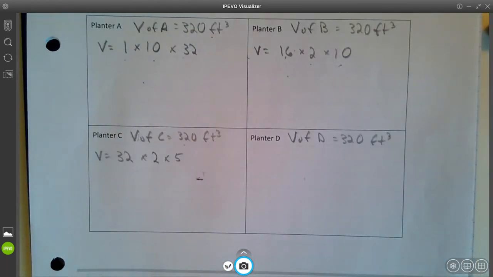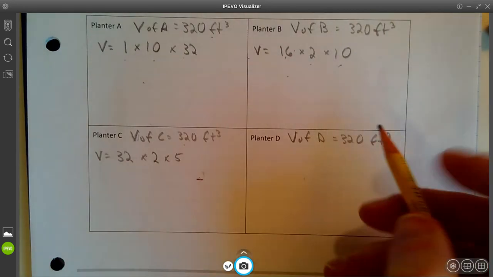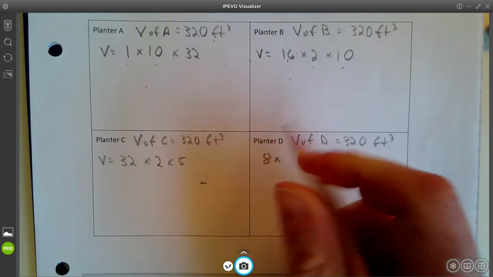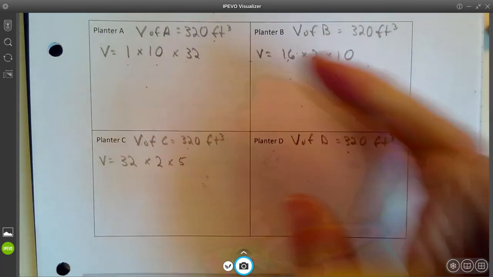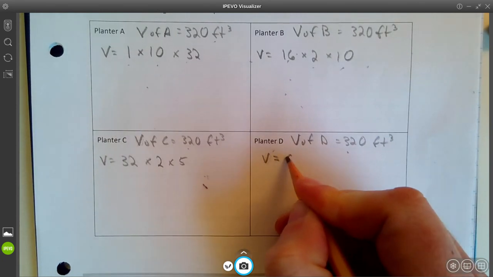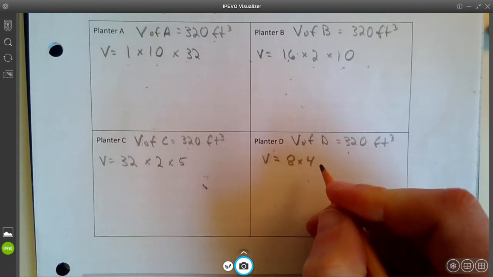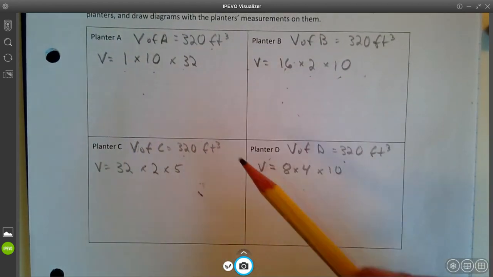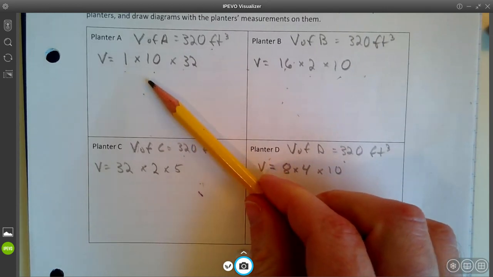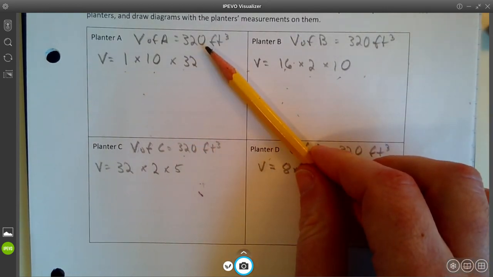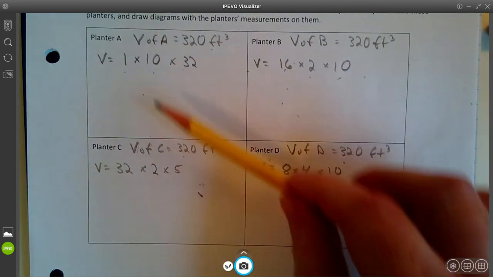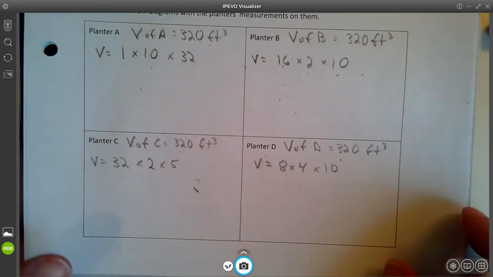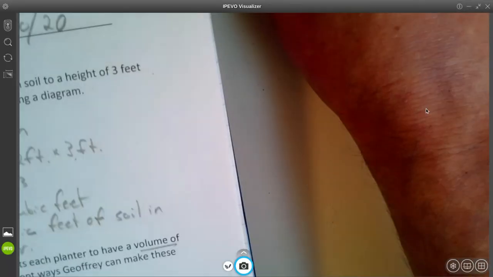And we need one more. How about, let's see, 8 times 4 is 32. So we could do volume equals 8 times 4 times 10. All right, so each of these is going to give us a volume. 1 foot by 10 feet by 32 feet. It's going to give us a volume of 320 cubic feet, and so on, right? So now I just need to draw them, okay? So I'm going to pause it for a second and draw these for you.